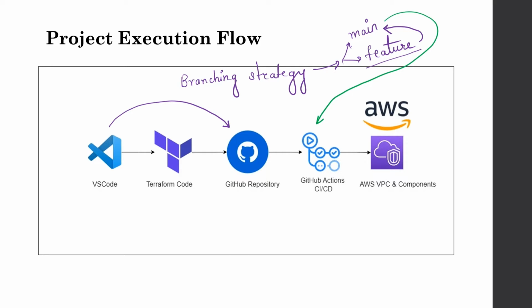This GitHub Actions will contain all the Terraform commands, like all the stages: Terraform init, Terraform plan, Terraform apply. With the help of Terraform apply, all the changes will be deployed to our AWS account. So this will be our execution flow. This is a really simple project, but it is really interesting once we start working on it. Let's move on to the next slide.